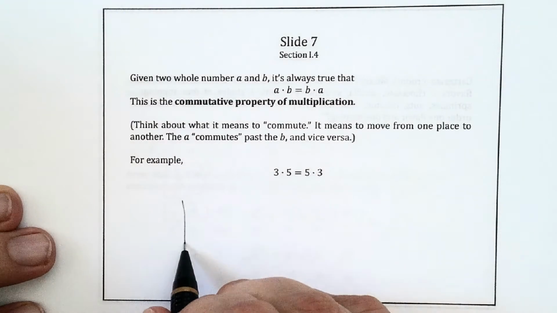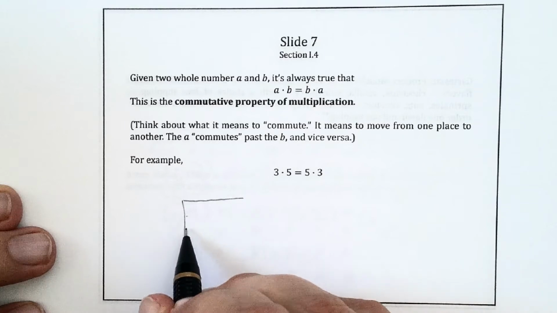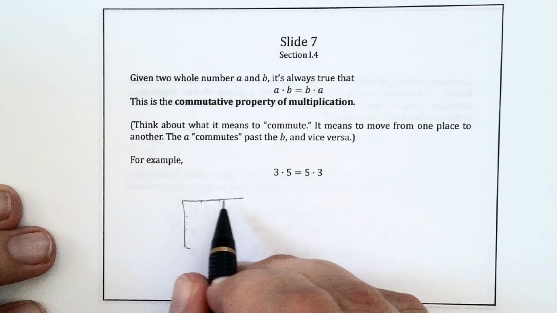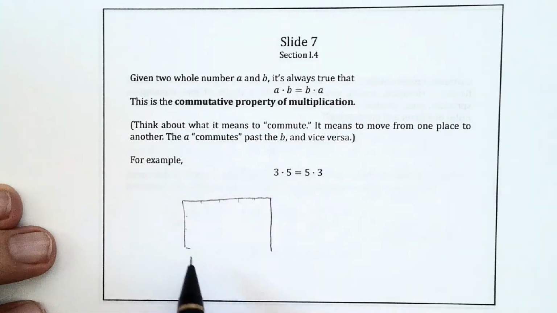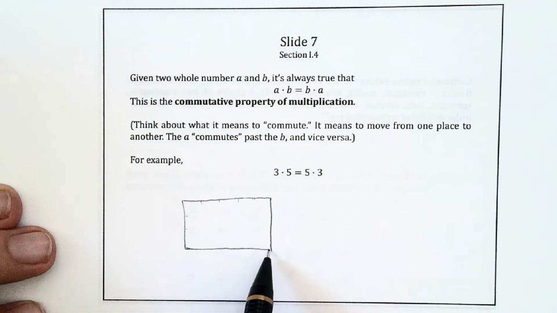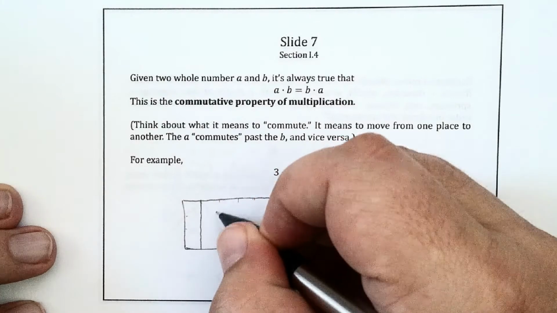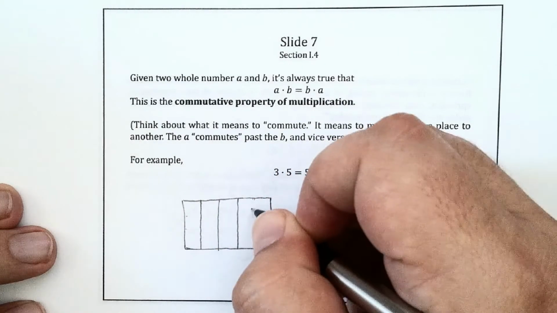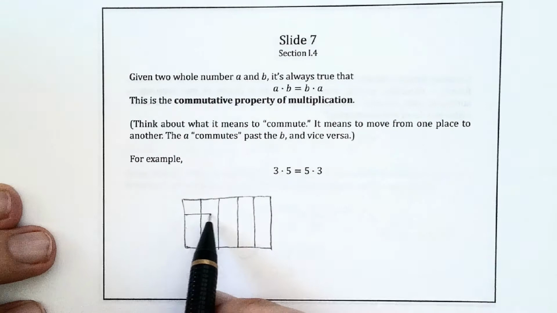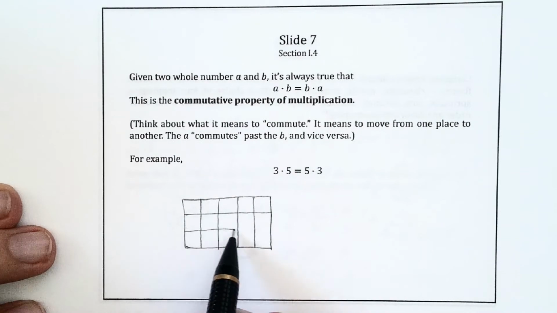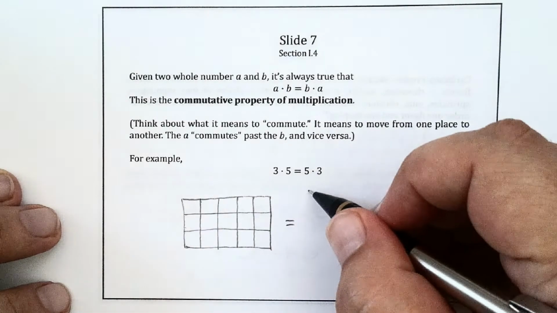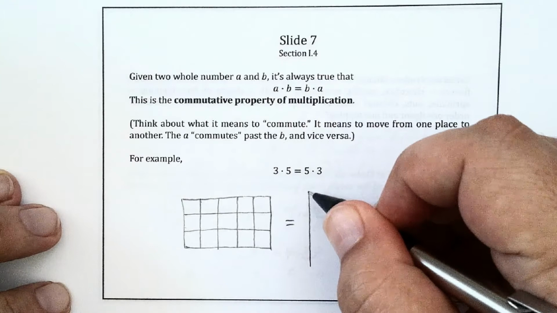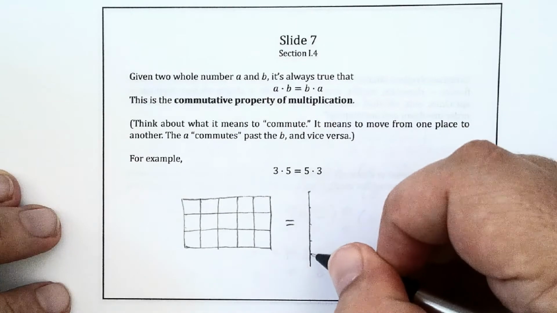This is best illustrated using the area model, or maybe the array model. I can take a 3 by 5 rectangle, which represents 3 times 5. I can turn it on its side, and that would represent 5 times 3.